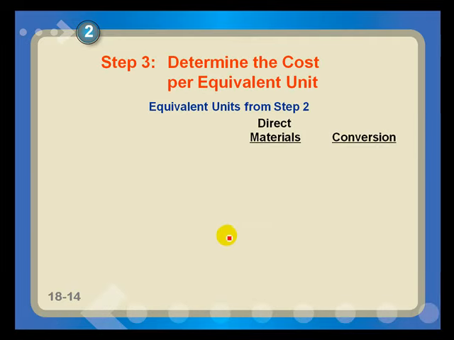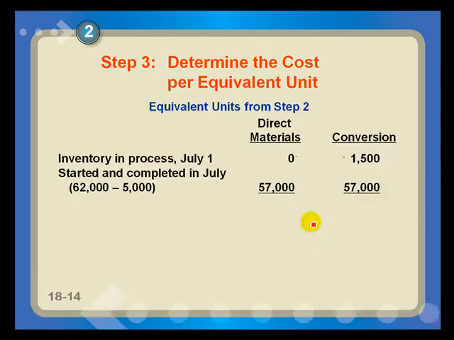So determine the cost per equivalent unit. Equivalent units from step 2. All right, here we go. So inventory in process on July 1st, we have 0 direct materials and $1,500 conversion costs. Started and completed in July, 62.